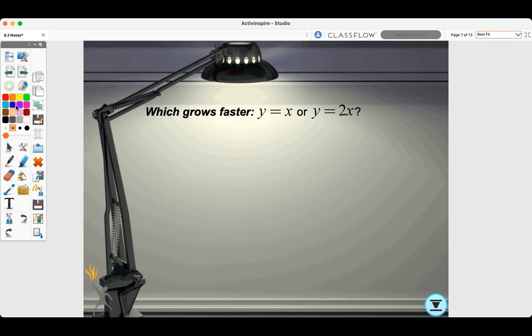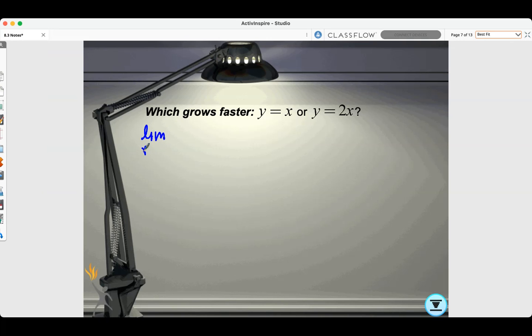Let's look at this example. Which grows faster, y equals x or y equals 2x? So we would take the limit as x approaches infinity of 2x over x. Here, 2x is acting like f of x, and x is acting like g of x. So this is equivalent to the limit as x approaches infinity of 2, which equals 2.